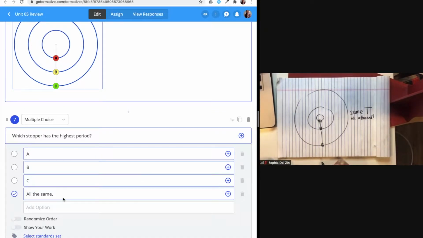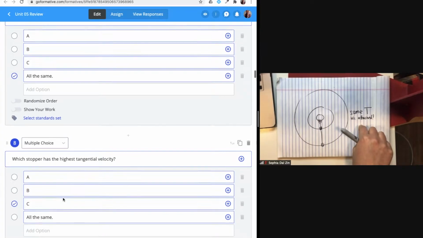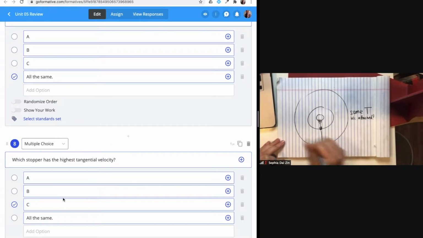If you imagine these as beads on a string, A can't make a circle faster than B because they're attached to each other. But C has the highest tangential velocity. Because C is on the outside of the circle, its speed is faster than A's or B's.